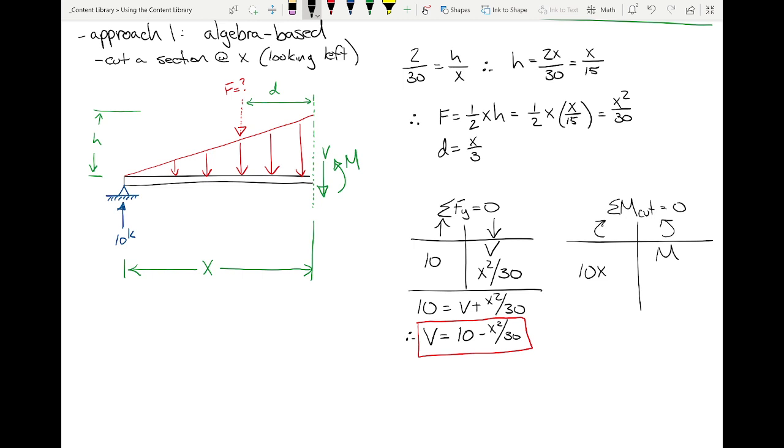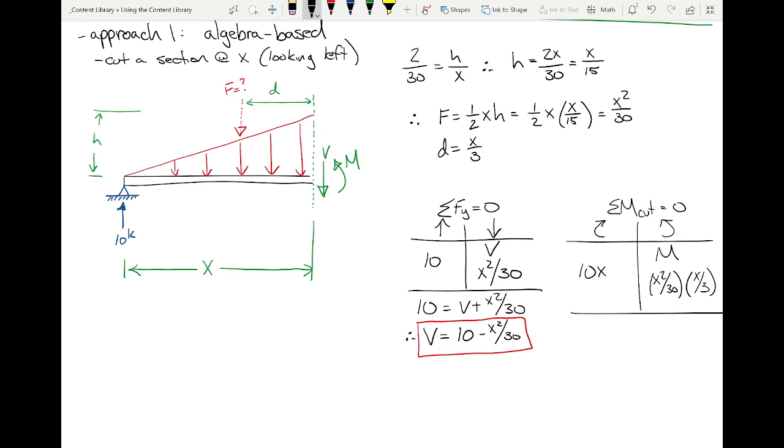But what about the force? The force times the moment arm of d, right? So the force is that, x squared over 30, times the moment arm of x over 3. Right? Let's see what happens.